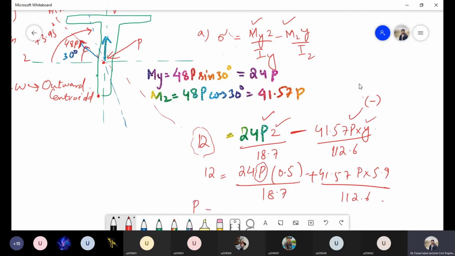Can anyone solve this quickly and give me the answer? सर 4.25. 4.25.